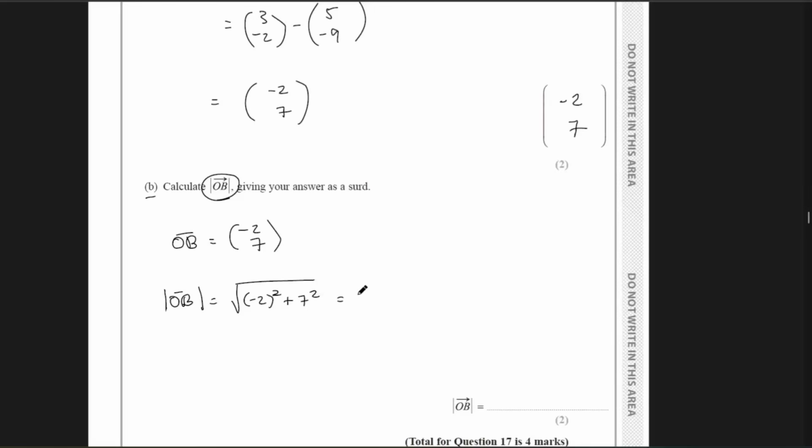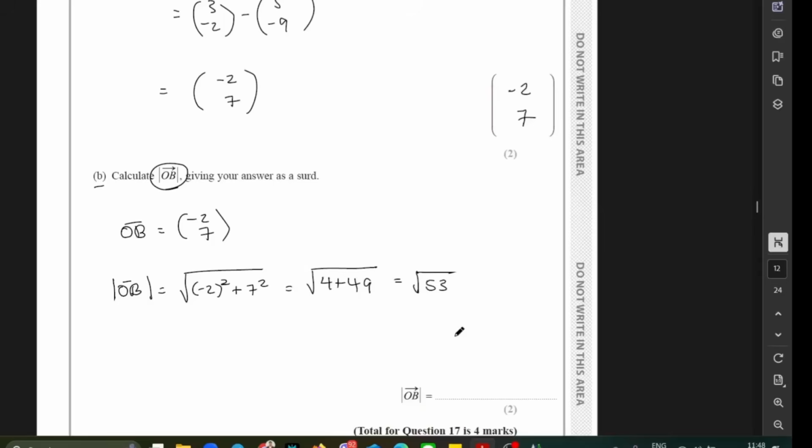And this gives us square root of 4 plus 49, and that is square root of 53. Can we simplify this any further? I just checked with the calculator. We can't, because 53 is a prime number. So the answer is square root of 53.